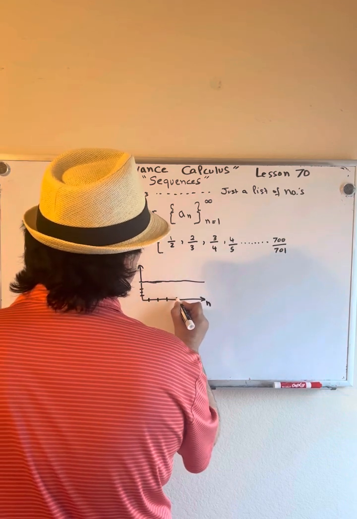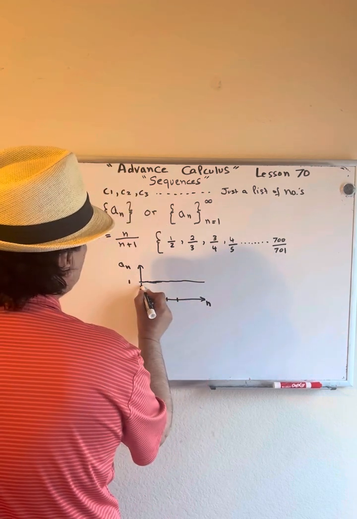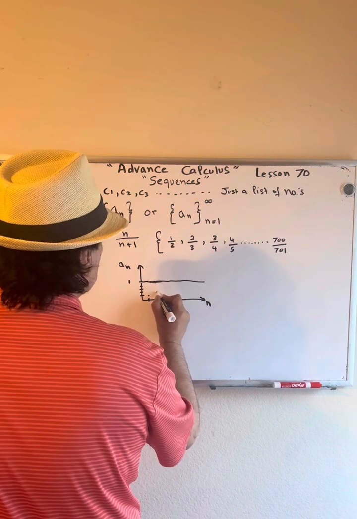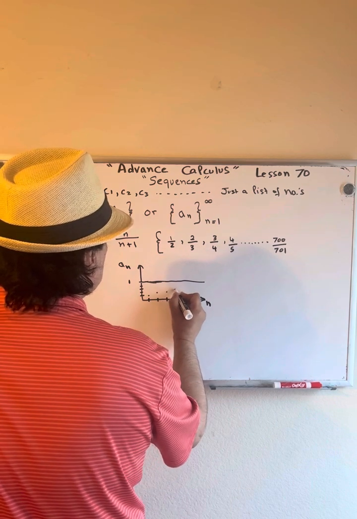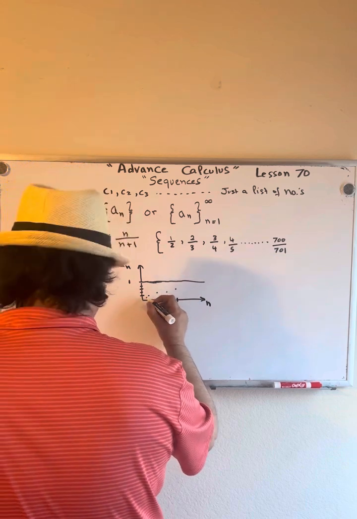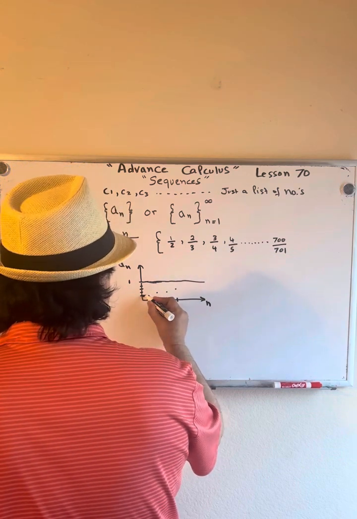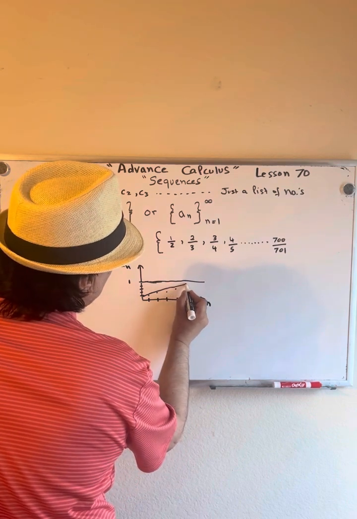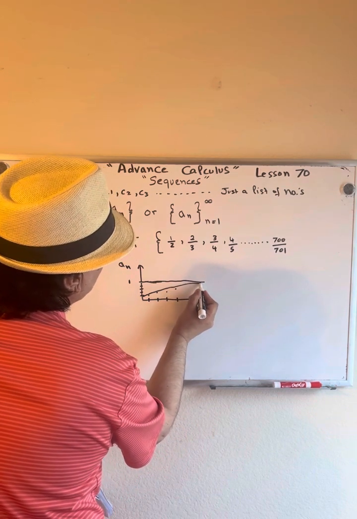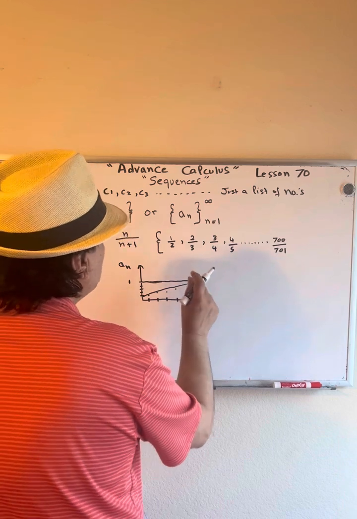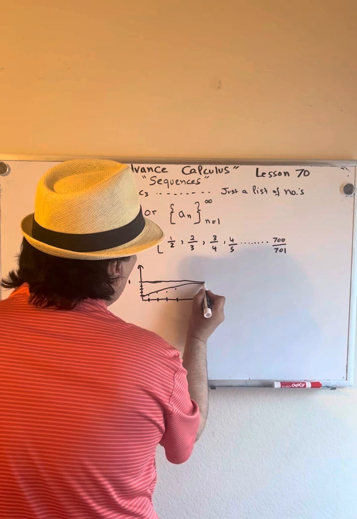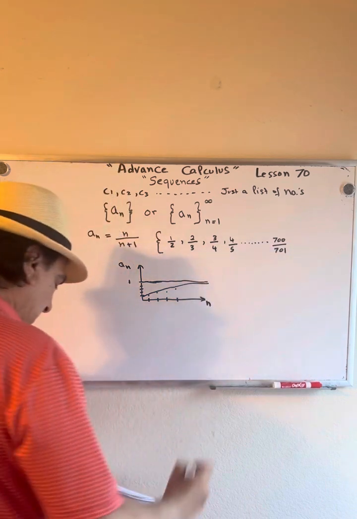When n is equal to 4, it goes up to 4/5. So your function is going to look something like this. It's going to go like this, and it's almost converging. It never really touches the line 1 because there is a difference, but it almost converges.